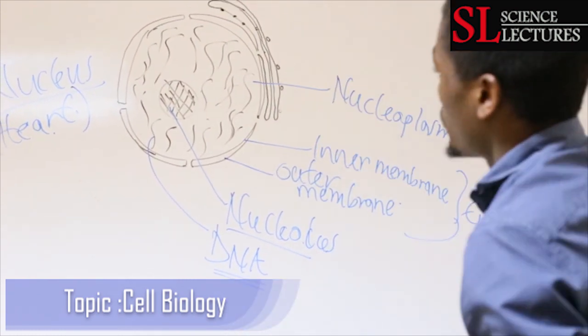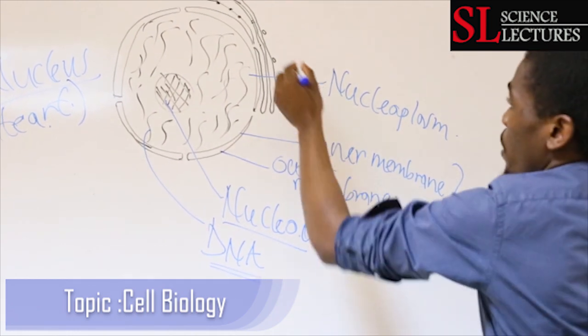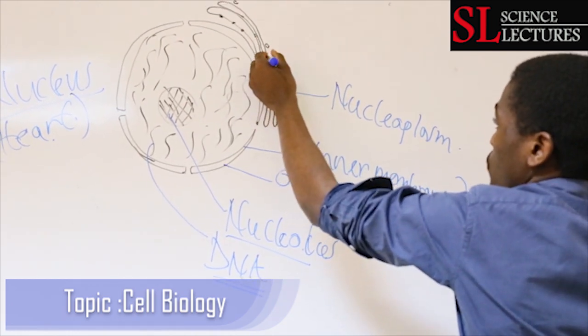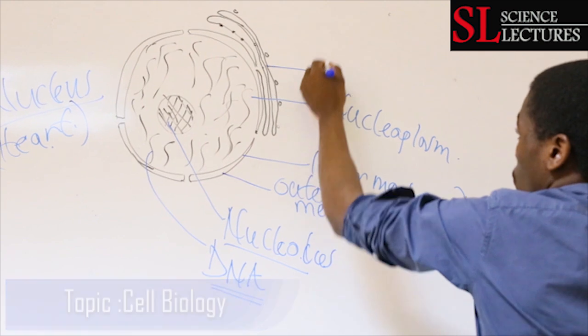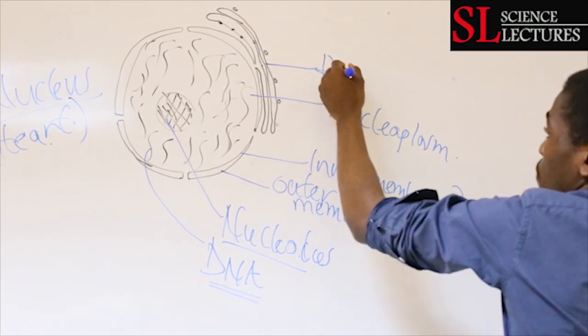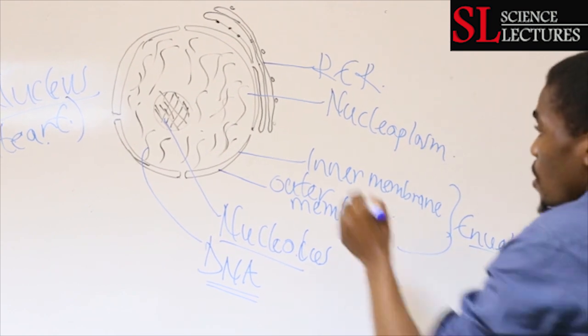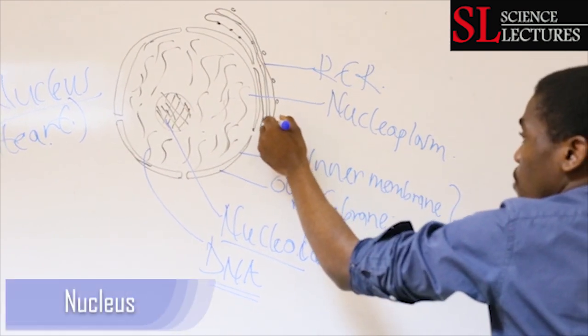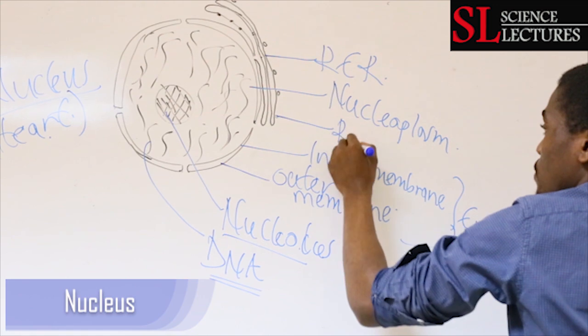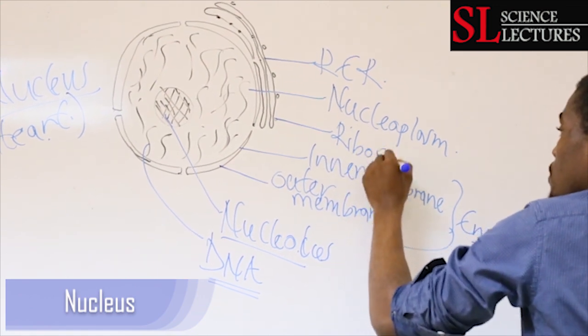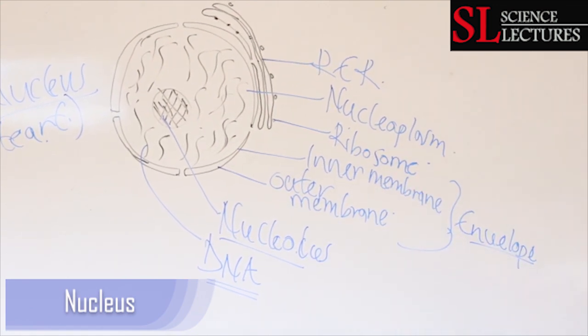If you have a closer look, the rough endoplasmic reticulum is continuous with the nuclear envelope. It is called rough because it has ribosomes attached to it. So this is a ribosome.